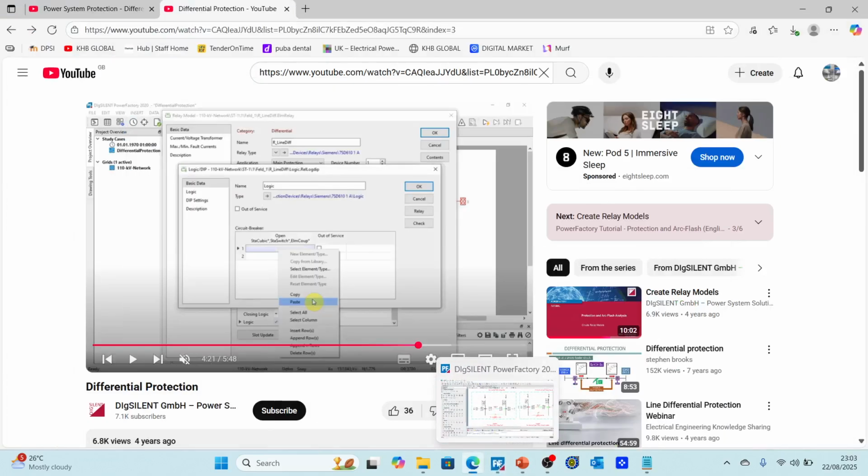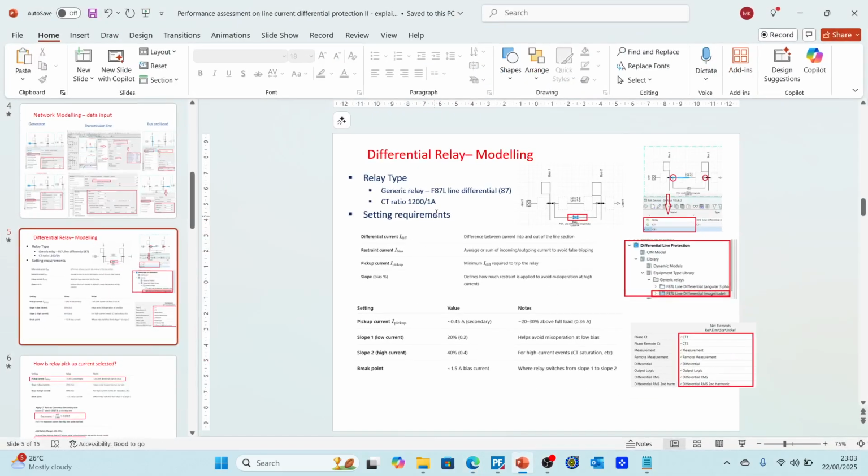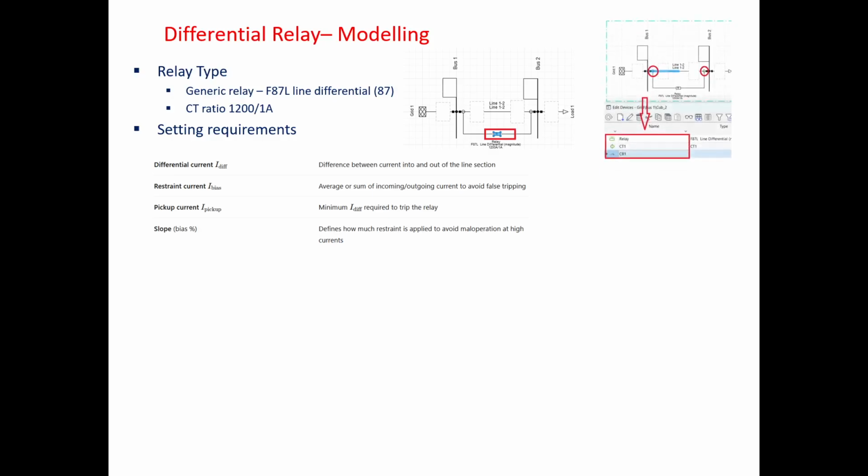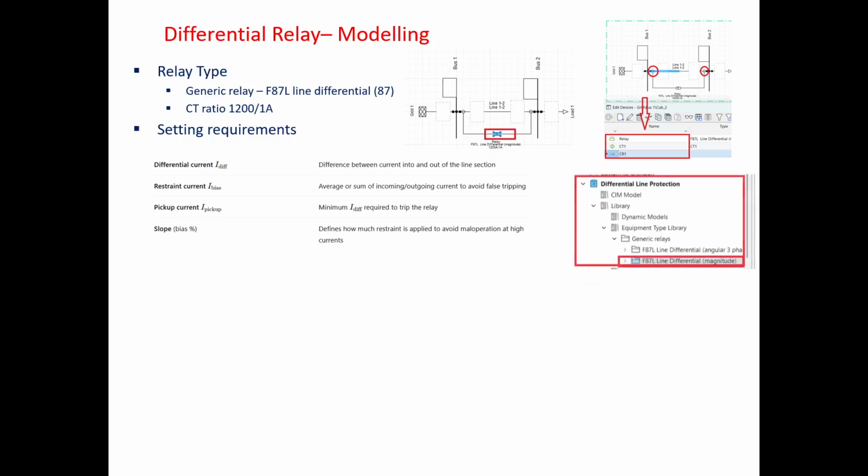Well, what are the steps? Let's have a look. So first of all, we need to define what kind of relay type and the CT ratio, and of course the theory behind. So we need to understand how we calculate differential current, restraint current, or base current, pickup current, and slope.